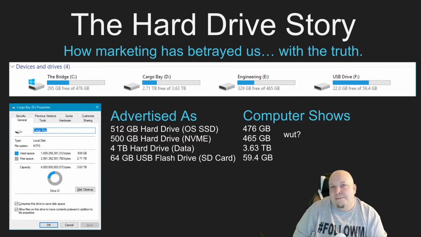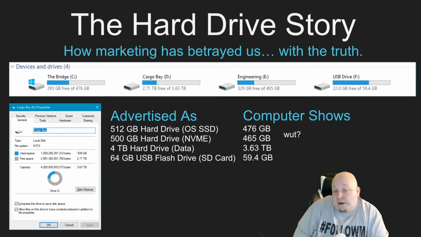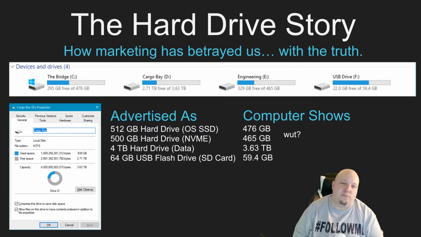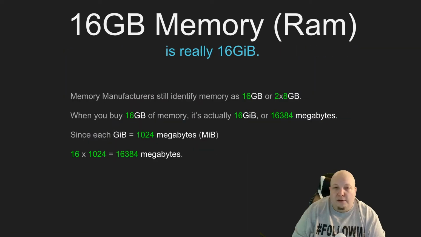But instead, because the hard drive manufacturers are using the new system, you are getting your 4 trillion bytes of data, but Windows is only going to say that it's 3.63 terabytes. So in a way, marketing has won, and they're effectively able to sell these hard drives, which we see as being smaller than what we think we're getting. So that's what that is.